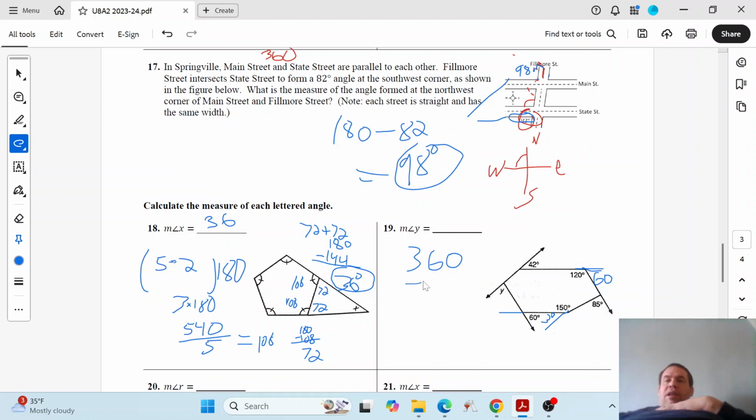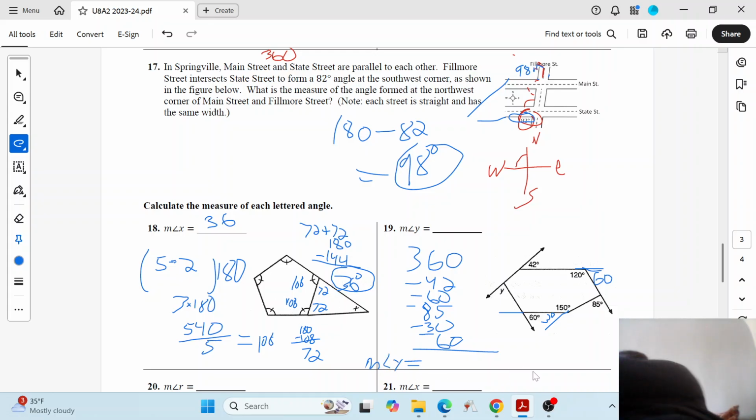And now we're just going to minus each one of those. So minus 42, minus 60, minus 85, minus 30, minus 60 again. So whatever's left over should give us the measure of angle y. There we go.